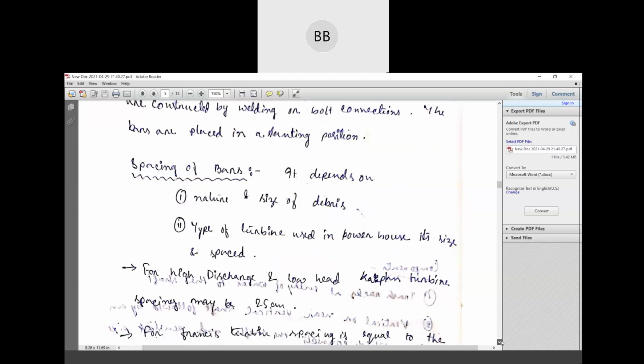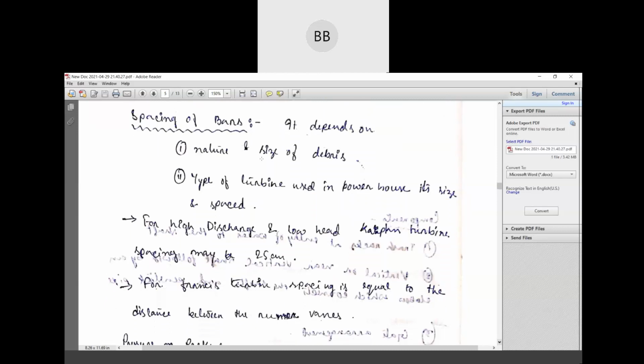Here we are giving some values for spacing. For a high discharge, low head Kaplan turbine, spacing may be 25 centimeters. For a Francis turbine, spacing is equal to the distance between the runner vanes. What are runner vanes? Don't worry, we will discuss it again in the chapter called turbines.